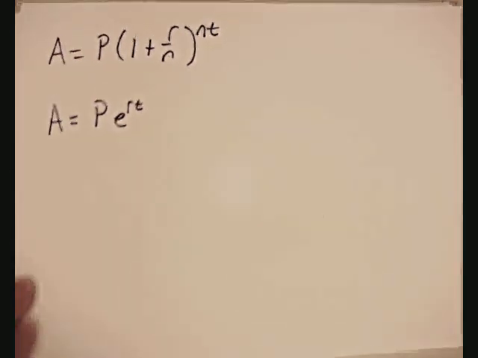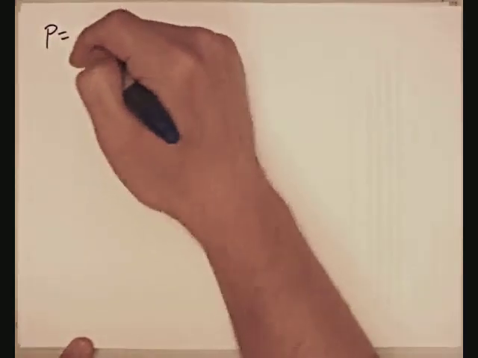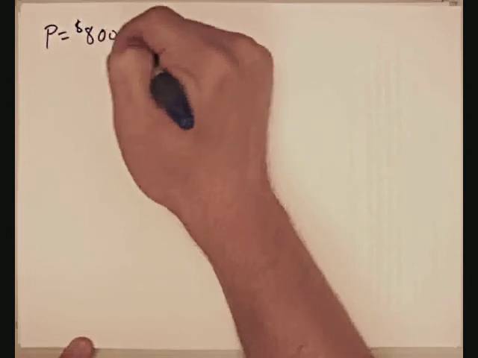Example number 2, you wish to invest an inheritance of $8,000 into a money market account for 6 years. Should you choose the account that pays 7% quarterly or 6.9% monthly? So we're going to do basically 2 calculations for both of these. The present value that we're starting with is $8,000.